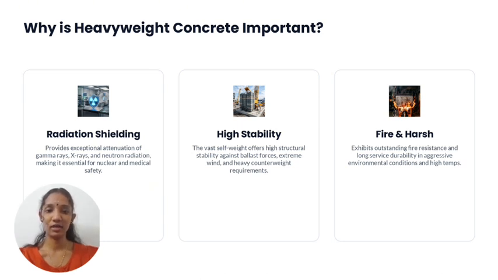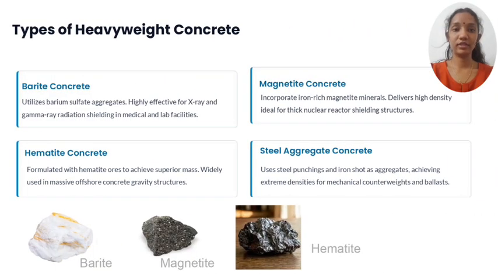Second, heavyweight concrete gives structures greater stability, making it suitable for counterweights, offshore structures, and areas exposed to strong wind. Third, it has excellent fire resistance and durability, allowing it to perform well in harsh environments and high temperature.